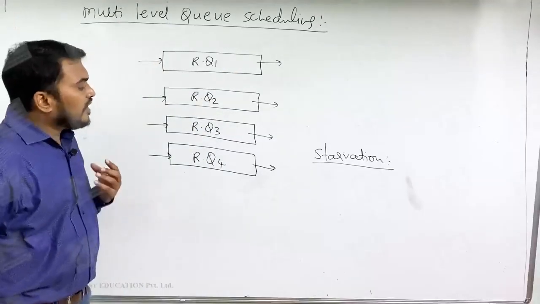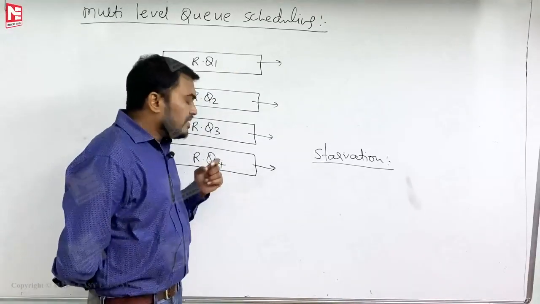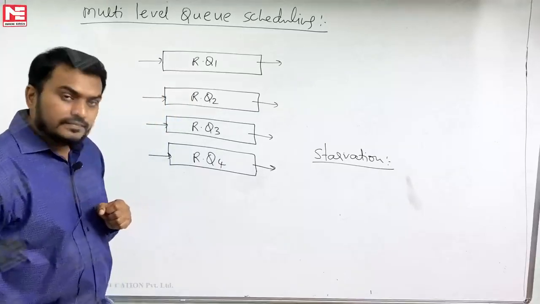The low priority processes will be placed in the bottom level ready queue.